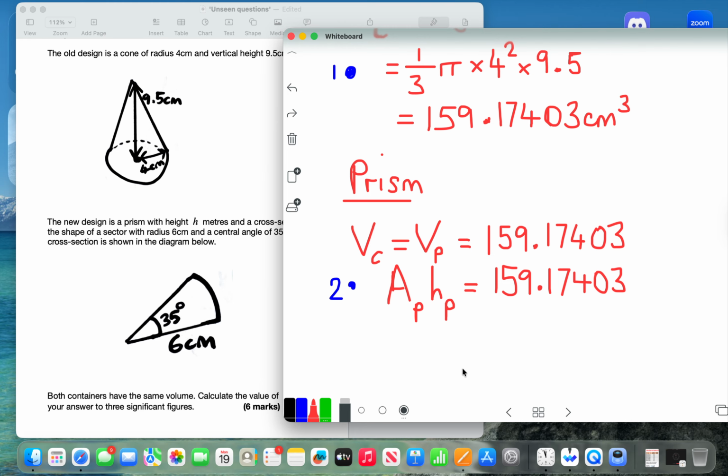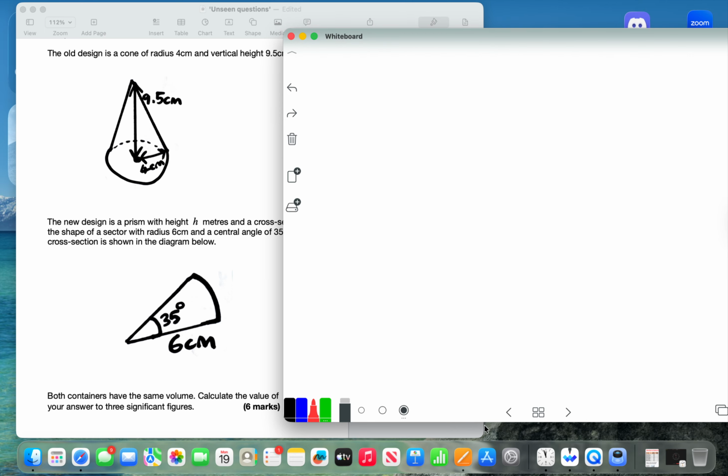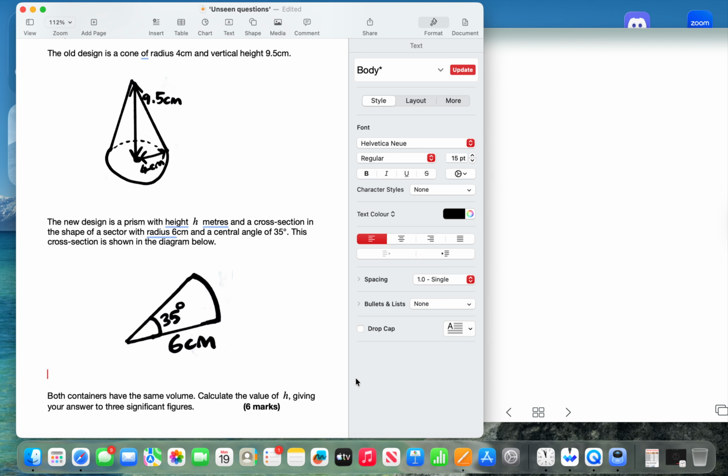Let's find the area of the cross section. We'll do this on the next page. We'll call this AP. Now the cross section is a sector of radius 6 centimeters and the angle at the center is 35.